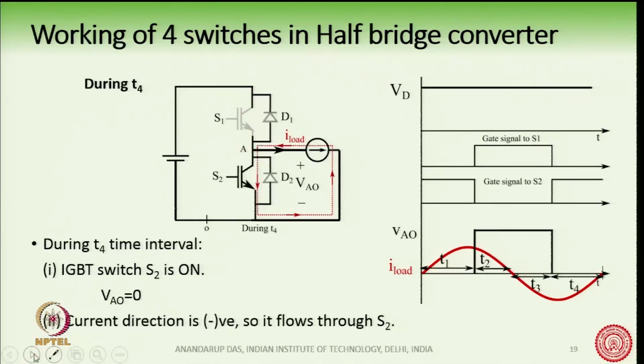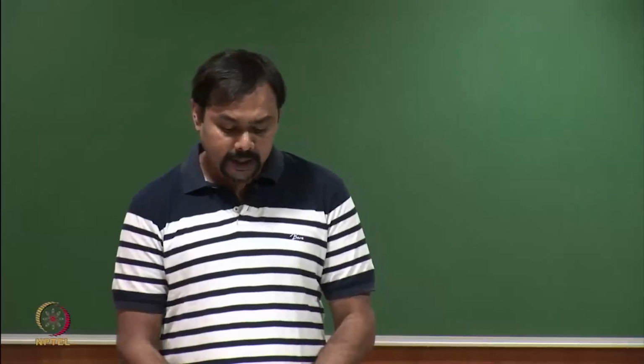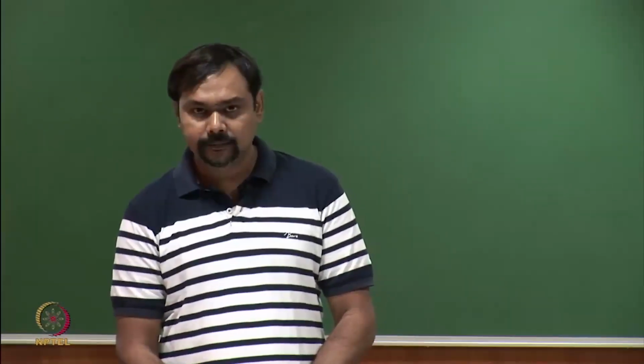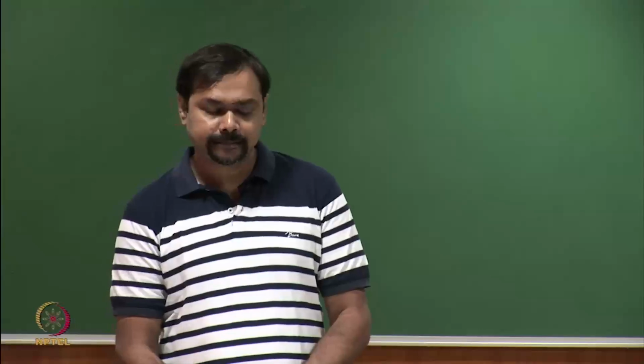Let us take the last case where the gate signal has been given to the switch S2 while the current is flowing negative. In this case, we find that switch S2 is conducting here. So, we have analyzed the 4 switches of the half bridge converter and when they will be conducting at different time instants.